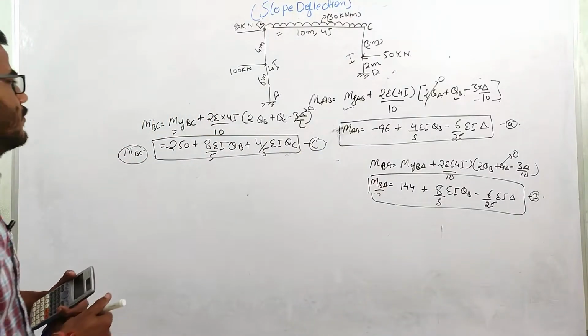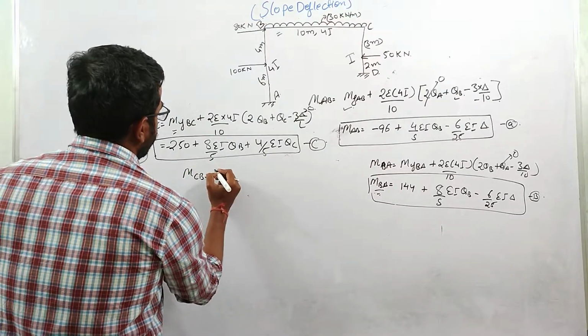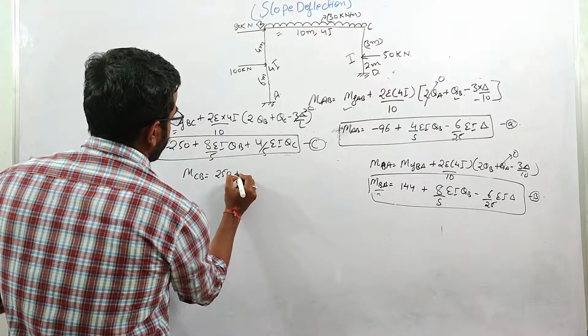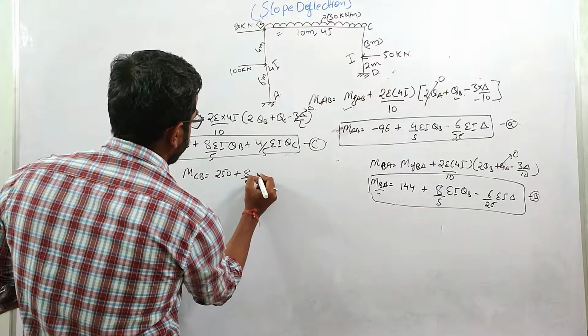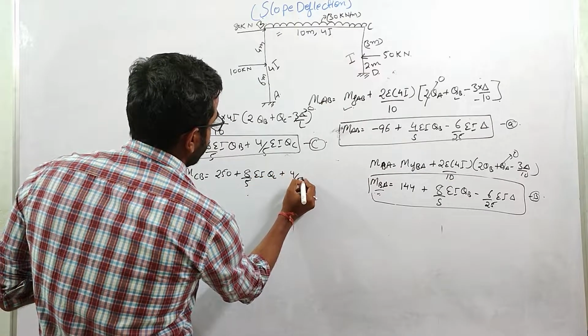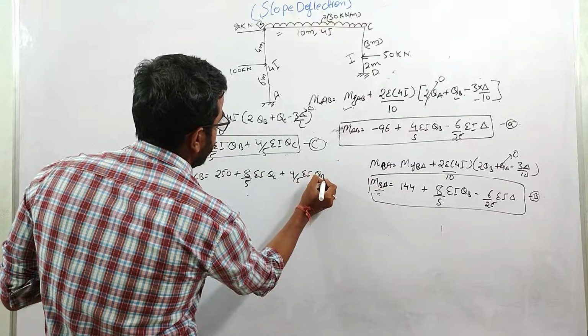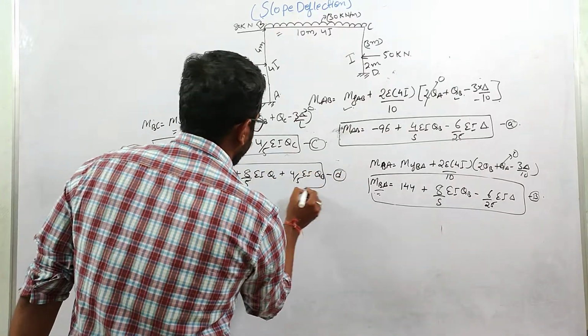Now what will be the equation for MCB? It will be nothing but 250 plus 8 by 5 EI theta C plus again 4 by 5 EI theta B. Okay, we can term this equation as D, right?